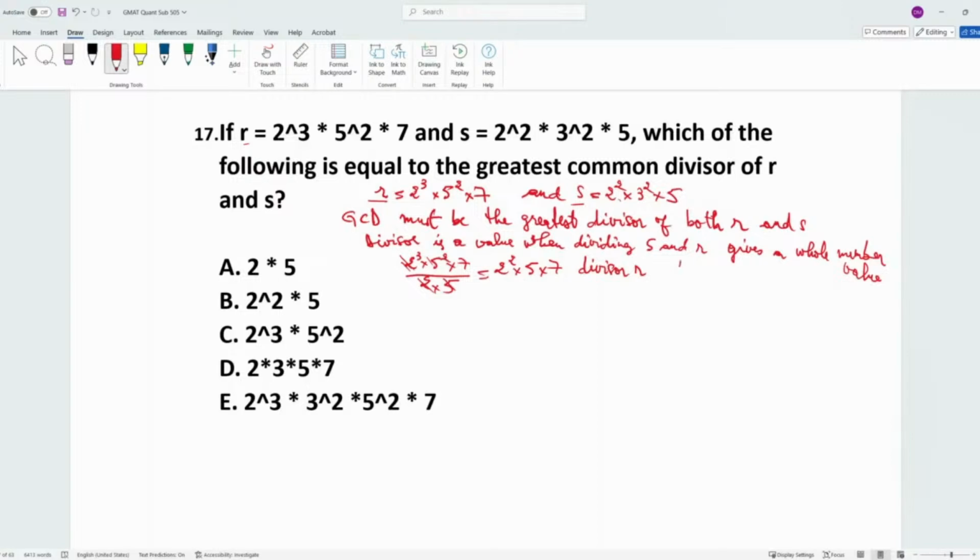If we say 2 to the power 2, 3 to the power 2 times 5 over 2 times 5, it divides here, and also divides here. It's also a divisor.